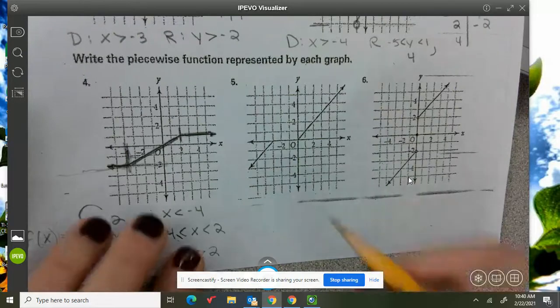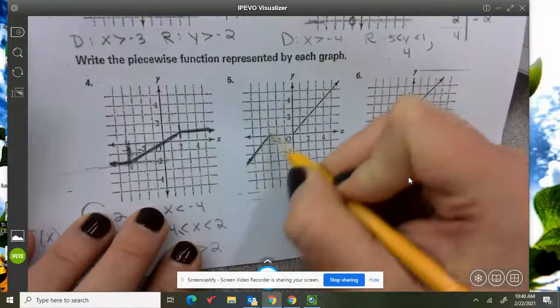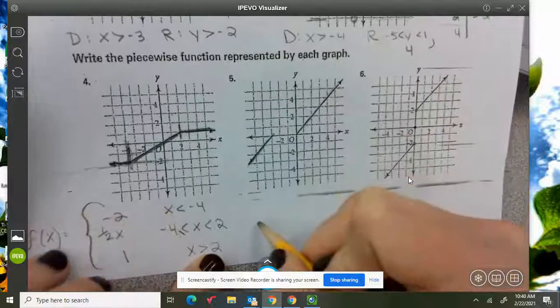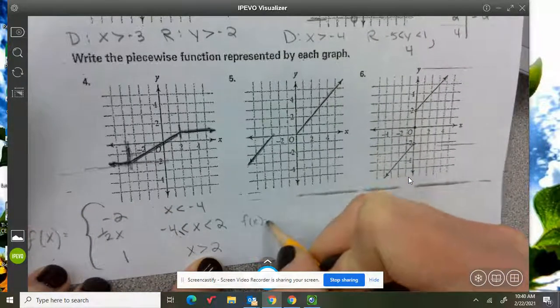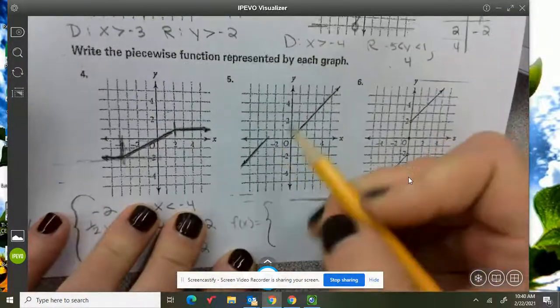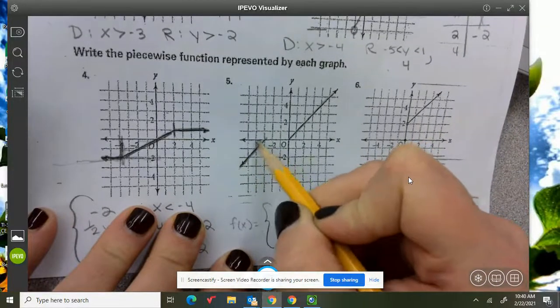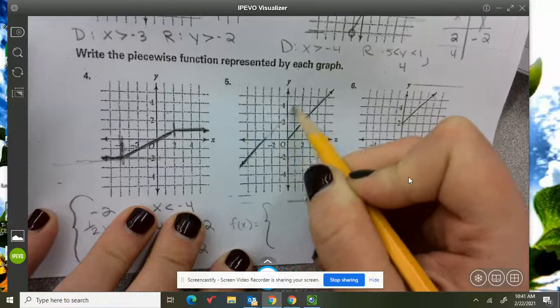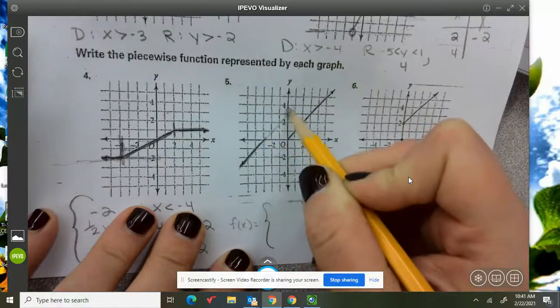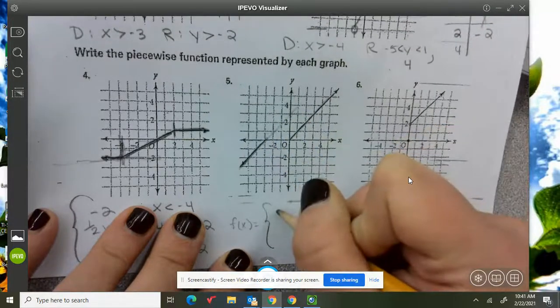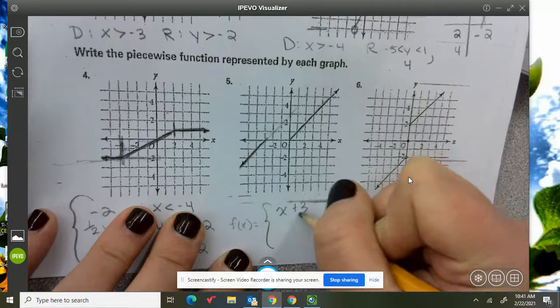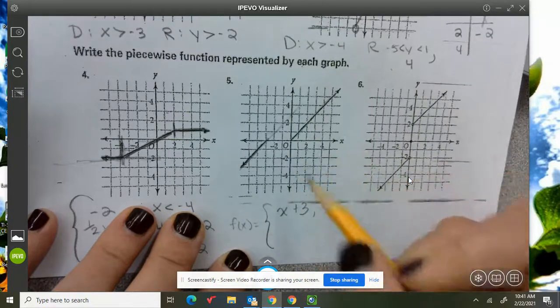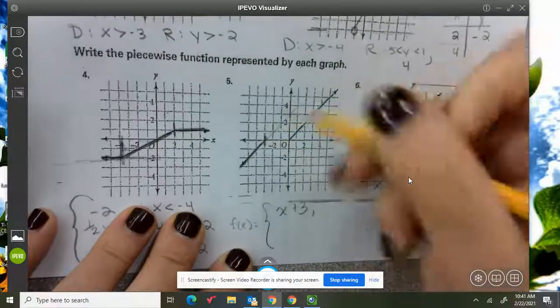Okay. The next one, you have two equations, 1, 2. So f of x equals. This one, the equation is up 1 over 1, up 1 over 1, up 1 over 1, all the way to 3. So we start at -3 and we're less than.